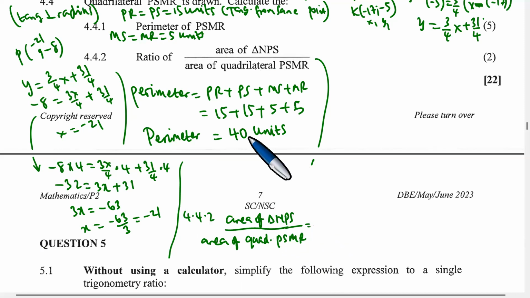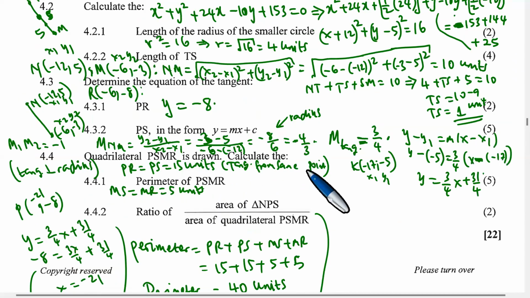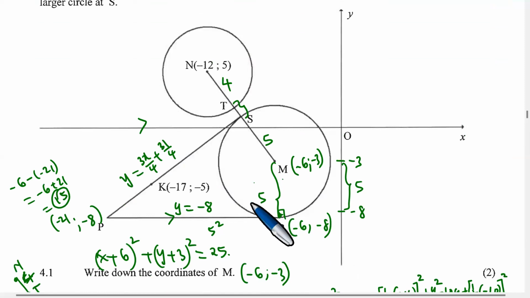Let's look at the triangle NPS the examiner is talking about. The examiner did not close the triangle, but it's just referring to the points. And these are 3 points, so they obviously form a triangle.